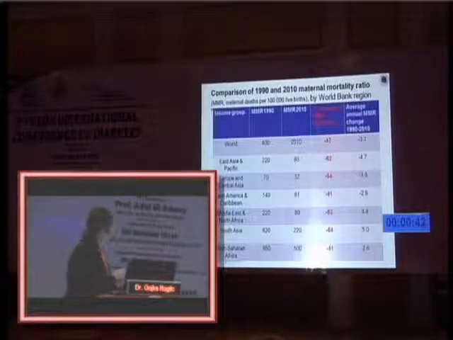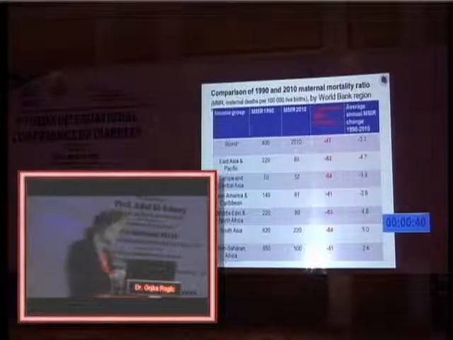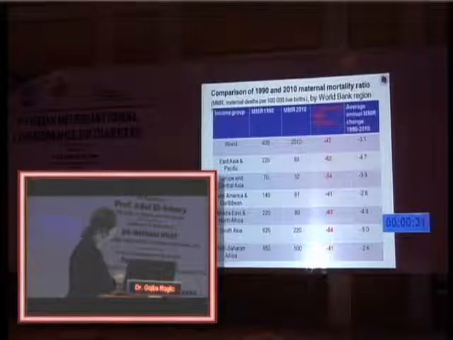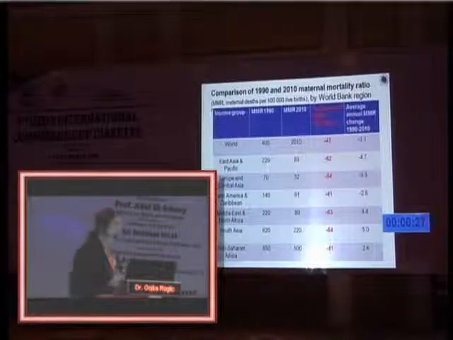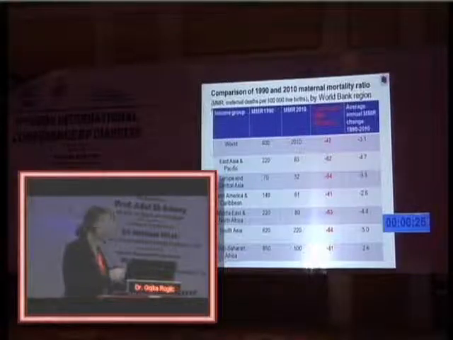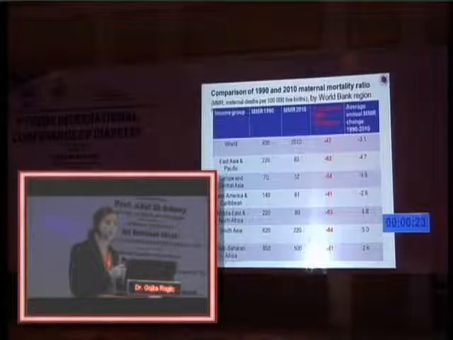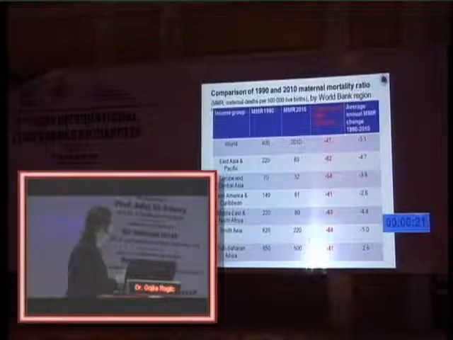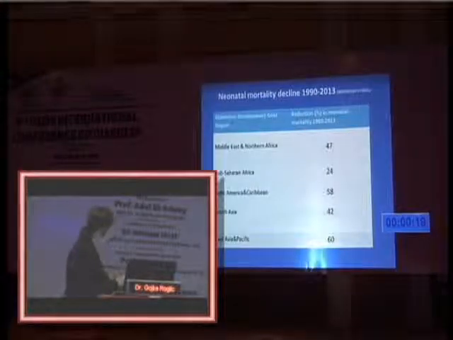And if we look at the maternal mortality data from every region, including this region, maternal mortality is going down, despite the fact that there is a rise in the number of women with diabetes.